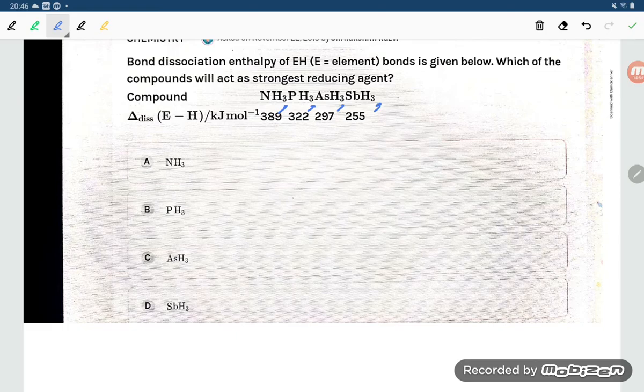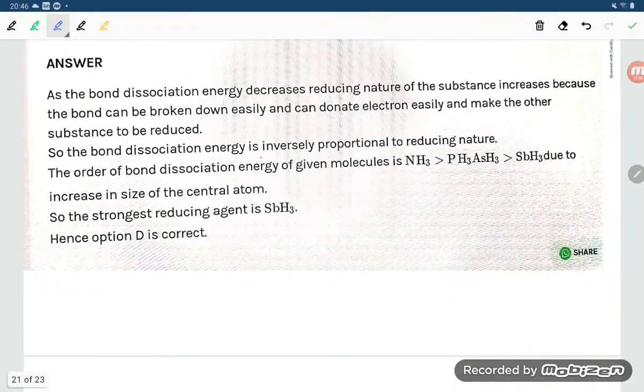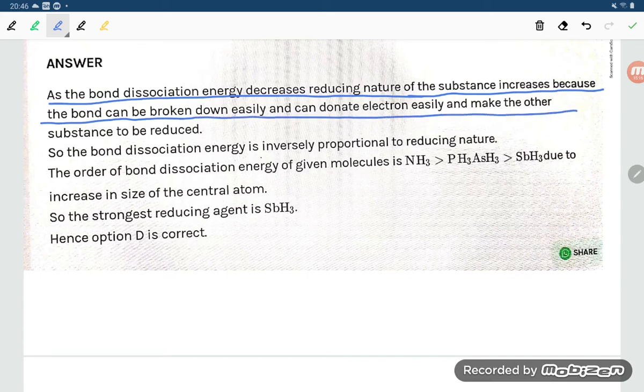The bond dissociation enthalpy is given below. Which of the compounds will act as the strongest reducing agent? Students, as the bond dissociation energy decreases, the reducing nature of the substance increases, because the bond can be broken easily and donate the electron easily and make the other substance get reduced.